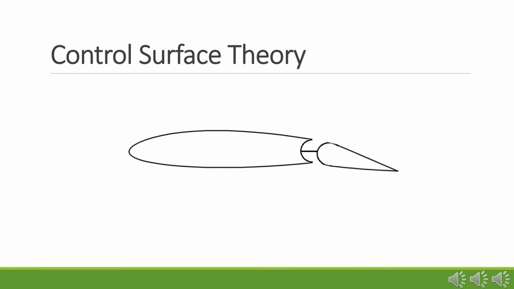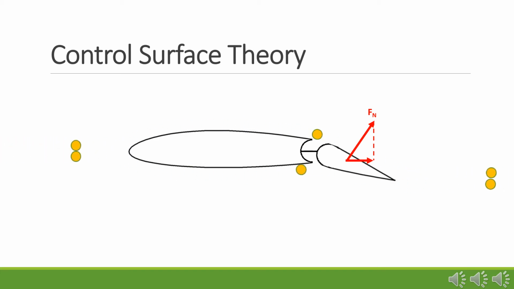In the example that we have here, by causing the back end of the surface to deflect or rotate downward, we generate a force that is perpendicular to the surface that is moved. We refer to this force as the normal force. This normal force can be split up or resolved into 2 parts or components. The first component is a force that acts in the same direction as the flow of wind.